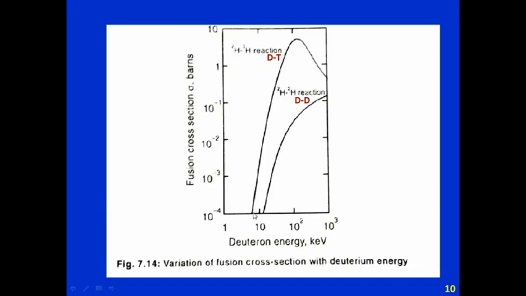You can see that deuterium-tritium has more probability at a particular energy, say 10 raised to 2 keV, while the DD reaction has less probability. So for a particular energy, the DT reaction is more probable than the DD reaction. That is what this curve tells you.